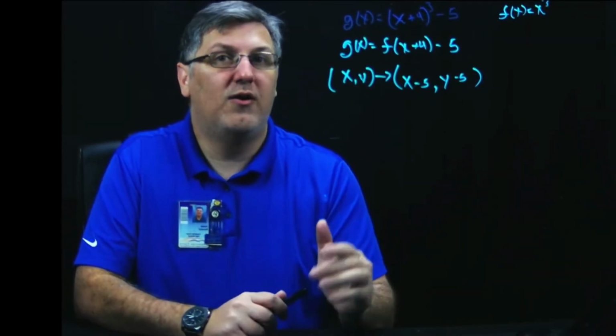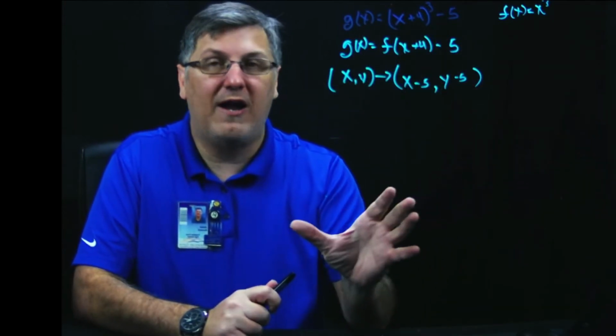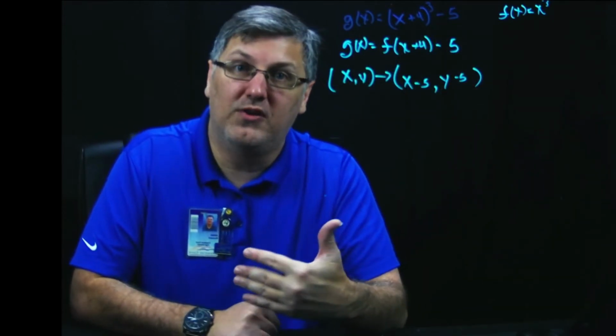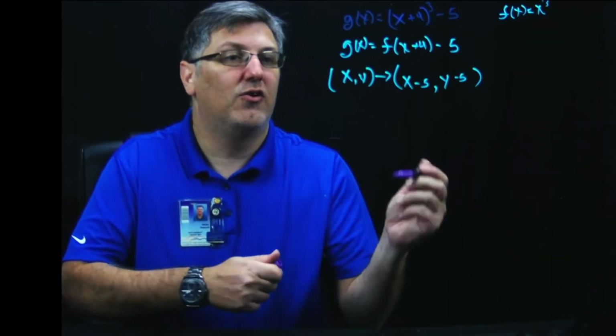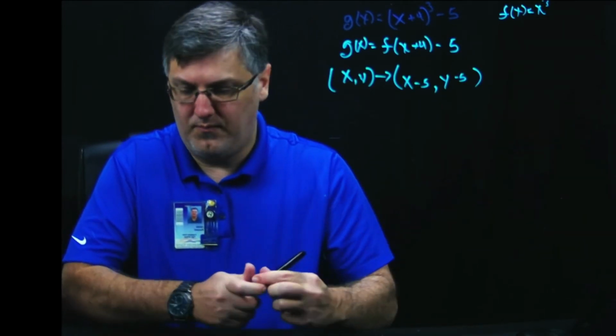All right, so now what I want you to do after graphing it and everything else is give me a written description of what the transformation is actually doing. I want you to put it in writing. So you can use the same sentence stem.